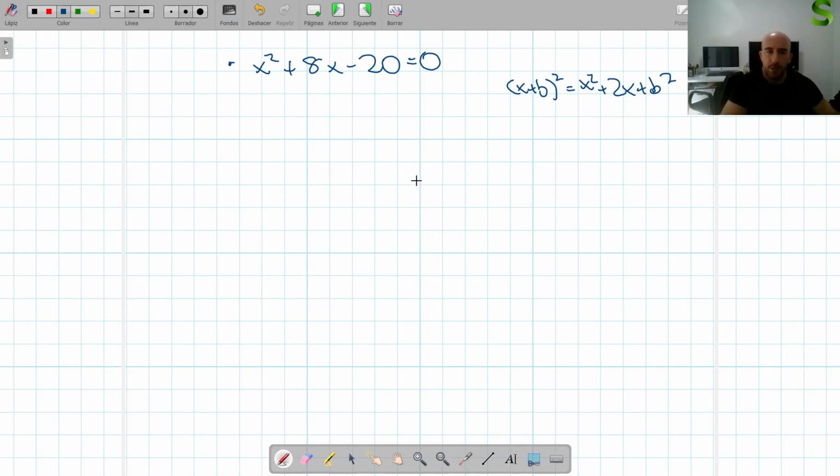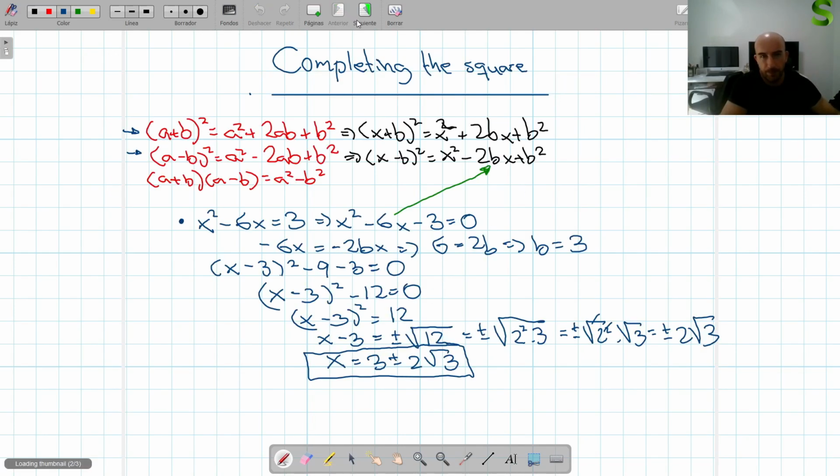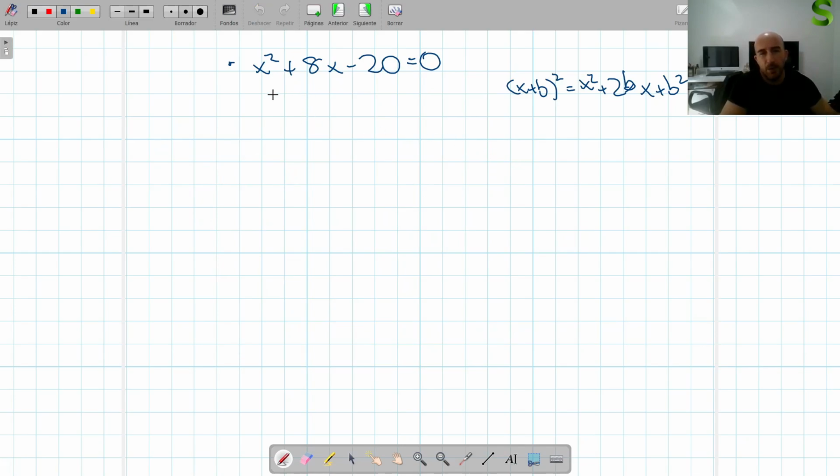Okay, so 8 equals 2b once we compare the second term with the second term. So b equals 4.